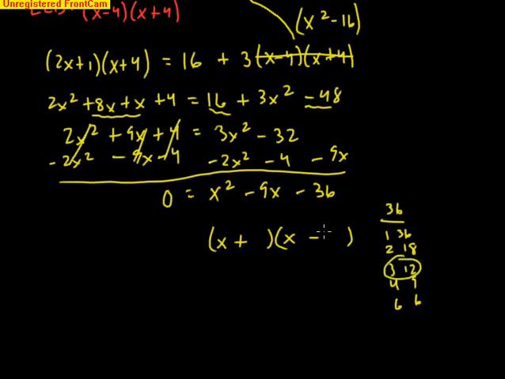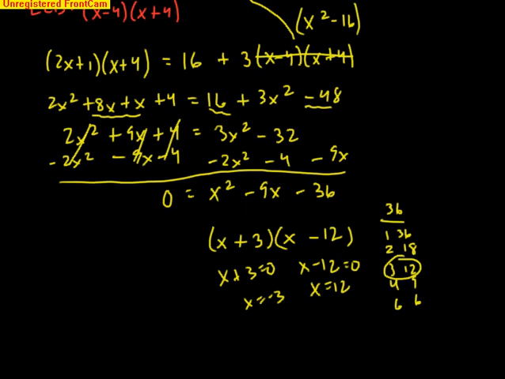Well, that's 3 and 12. The 9 is negative, so I'm going to make the 12, the bigger number, negative, and the 3 positive. And now I set each equal to 0 and solve. So we subtract 3 and get negative 3 here. We add 12 and get 12 there. So here are our two supposed answers, negative 3 and 12.